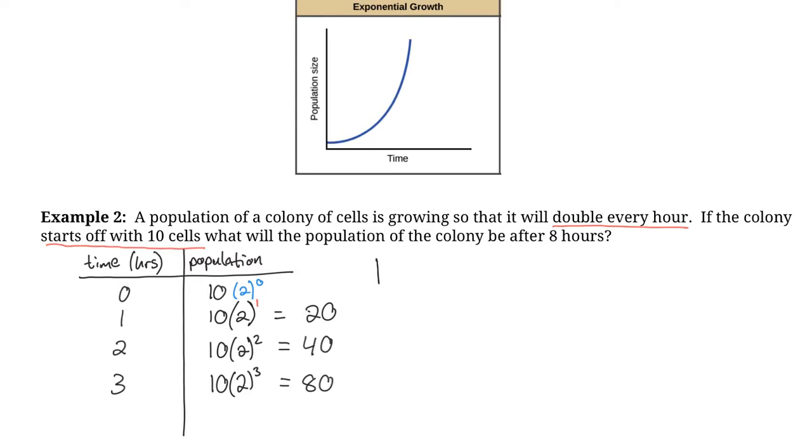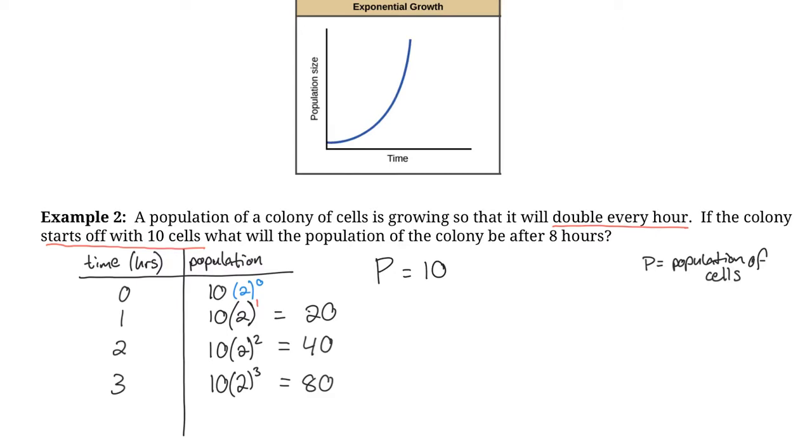Since we're finding the population, we can use population to represent P. We just need to make sure we state that. So P represents the population of cells. And P is equal to 10.